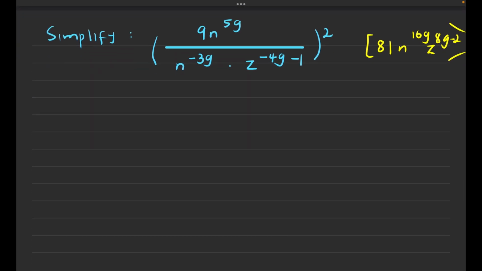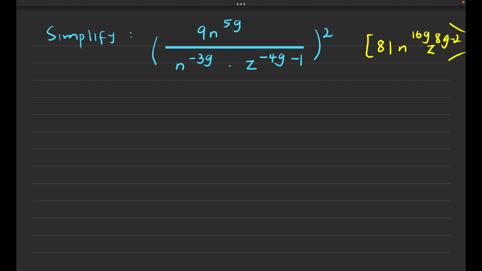Simplify 9n to the power 5g divided by n to the power minus 3g multiplied by z to the power minus 4g minus 1.